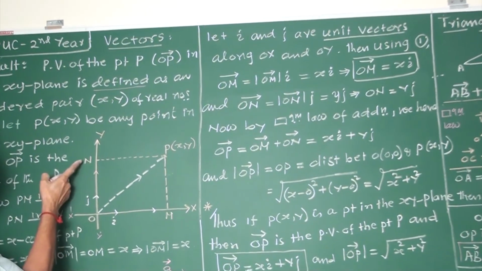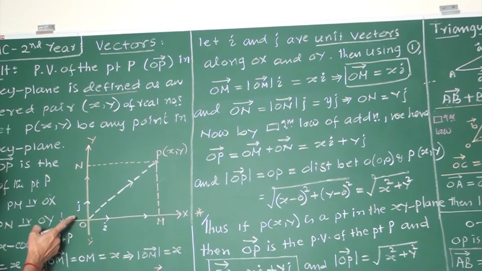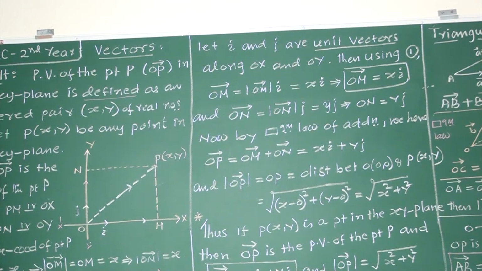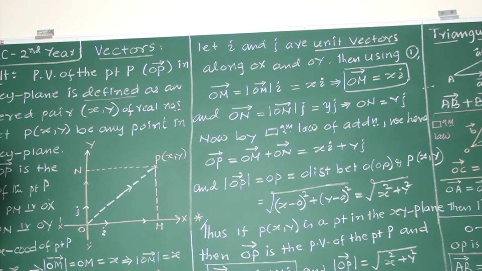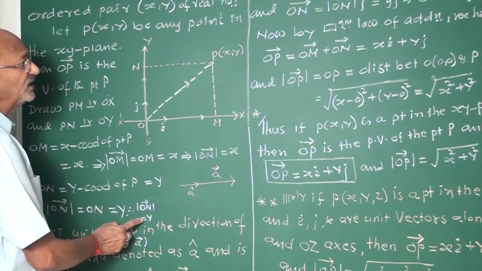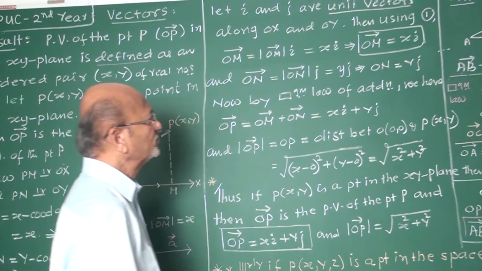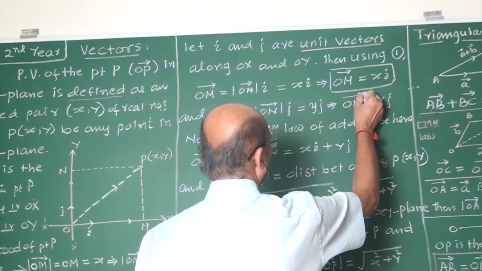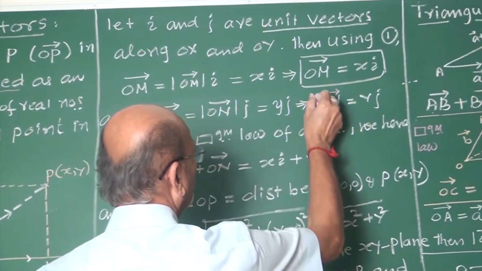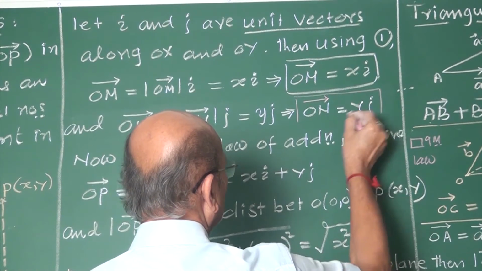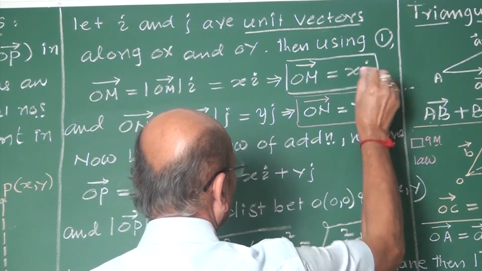Therefore, vector ON equals magnitude of ON into unit vector along ON, which is j. But magnitude of ON is y. So vector ON equals y into j.